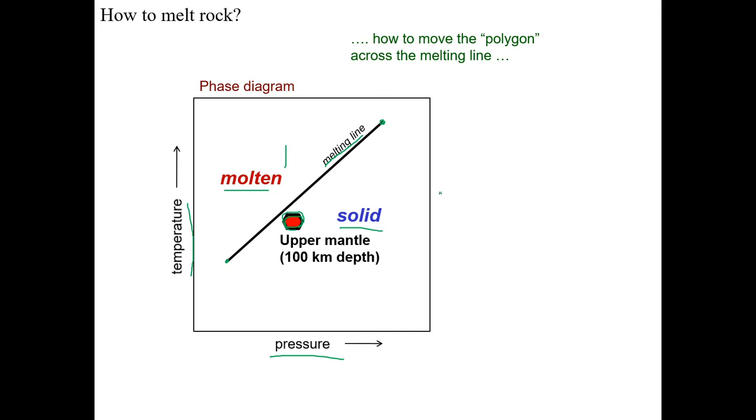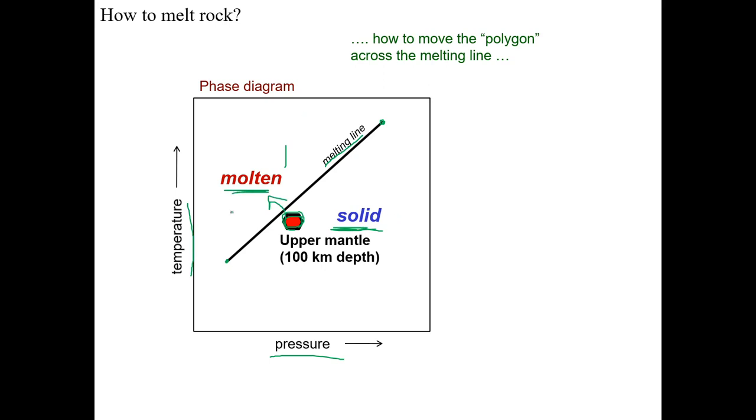Now, we're talking about ways to melt the mantle. The idea here, the game, if you want to think of it that way, is to make our polygon cross the line. Right now it's on the solid side of the melting line. We want it to cross over to the molten side.